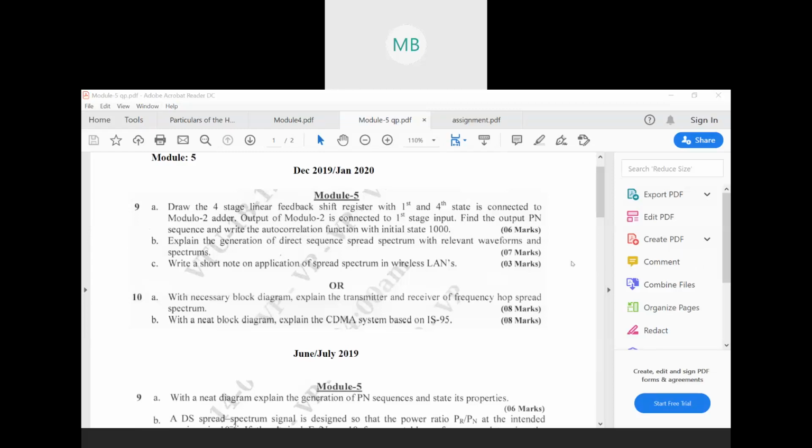Shravya or Shashank, Adarsh, please respond. Difference between direct sequence spread spectrum and frequency hop spread spectrum. See here, both the questions are asked here. You should know what are the differences, right?